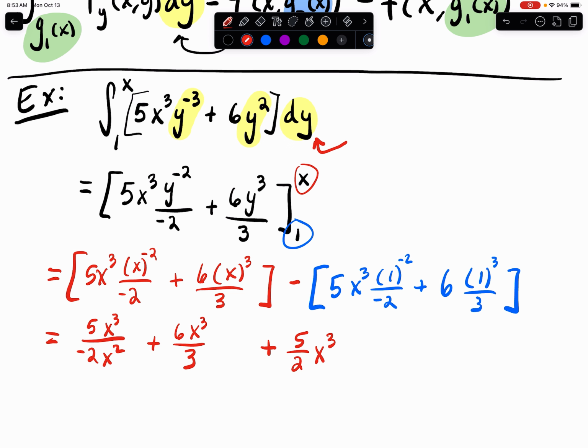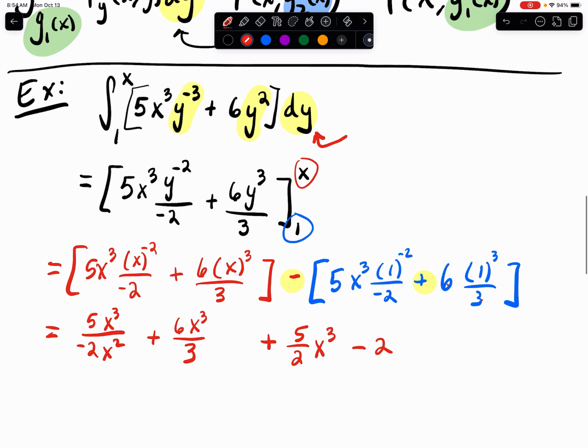And then plus and a minus, so that's going to get me minus 6 divided by 3 is 2. Yeah, that looks good.